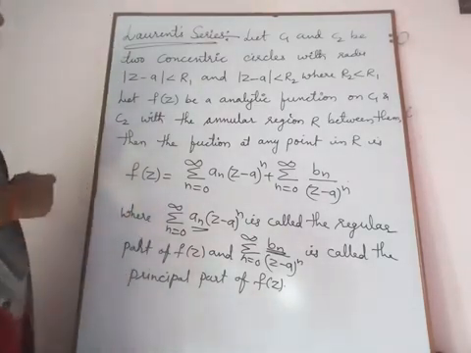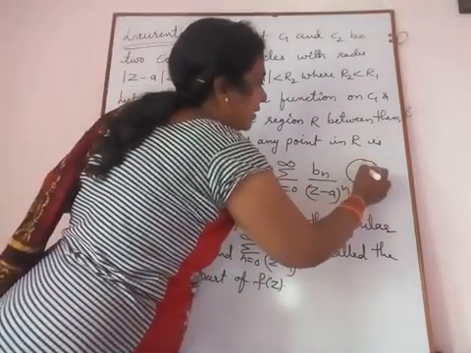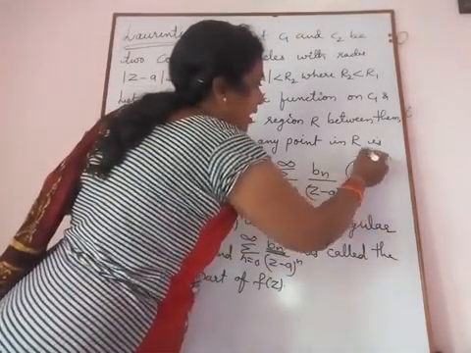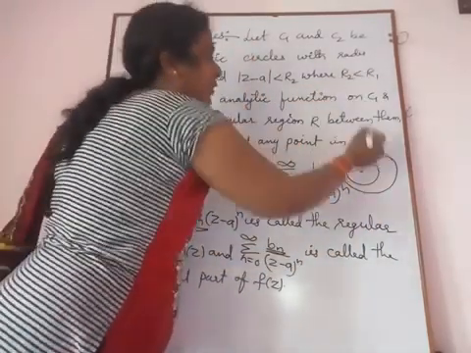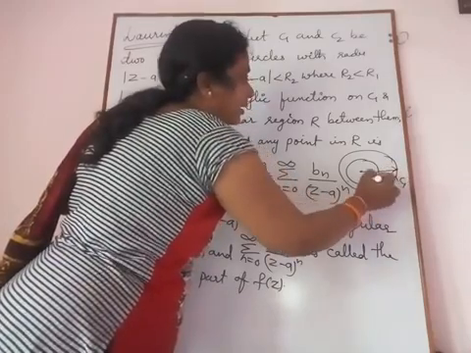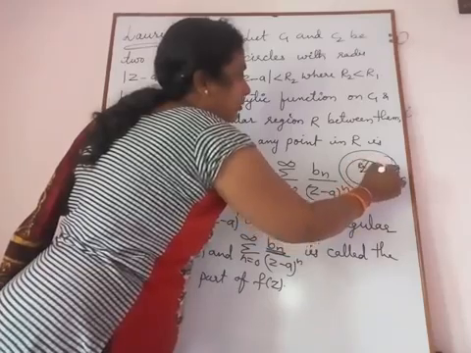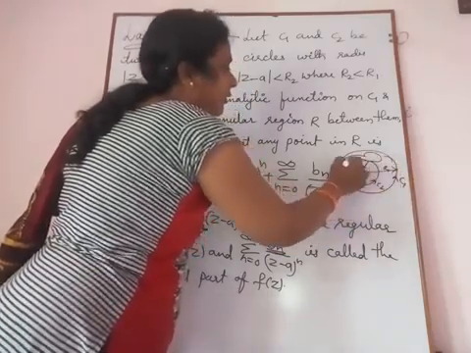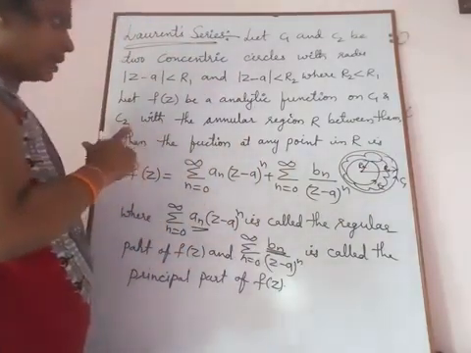In this Laurent series, two circles are there. One is the C1 circle, another one is the C2 circle. Here the radius r1 is larger, so it is the C1 circle, and this is the C2 circle. This radius is r2, this radius is r1, with the annular region capital R between them.